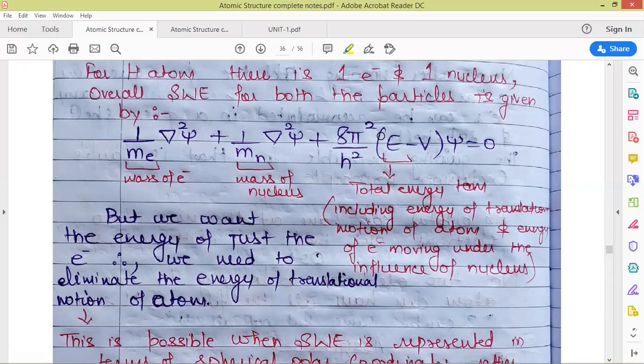Translational motion is the motion where all particles move together. Let's take an example: we are sitting on a slide and our whole body is coming down. That means every part of my body is moving down and is at the same distance from each other at all times.